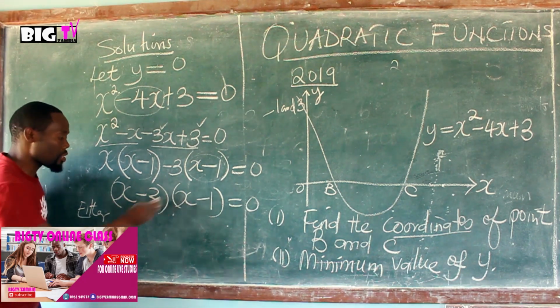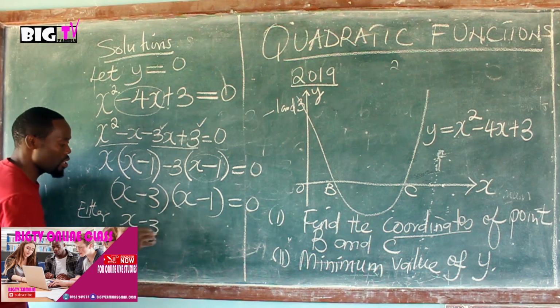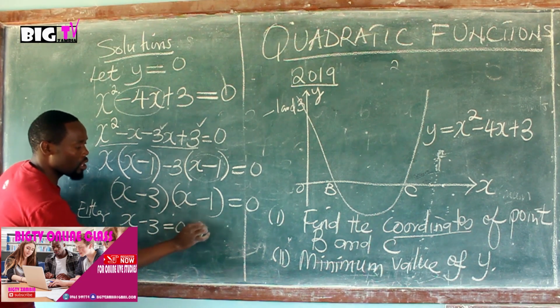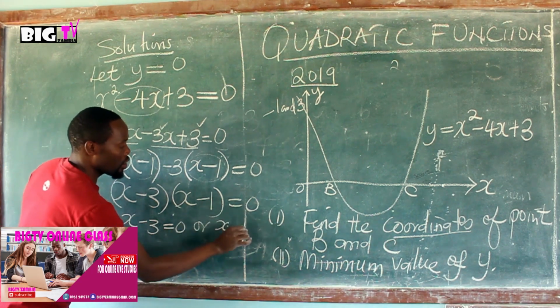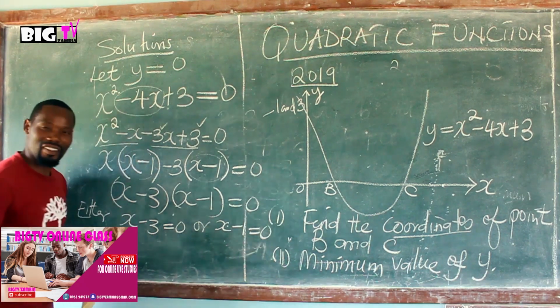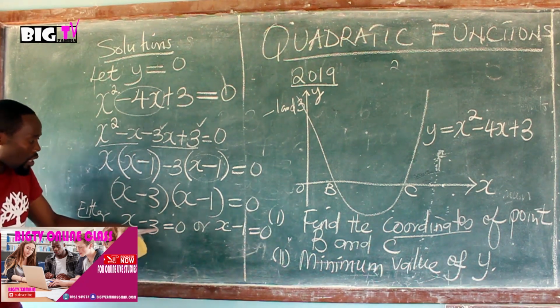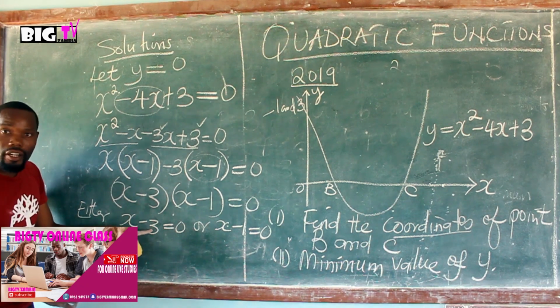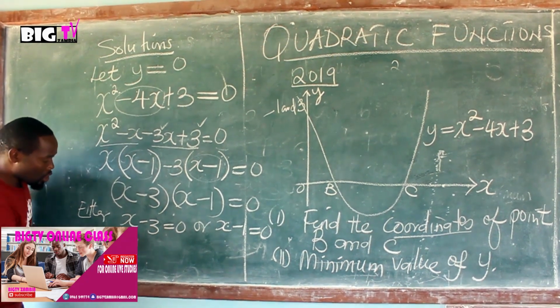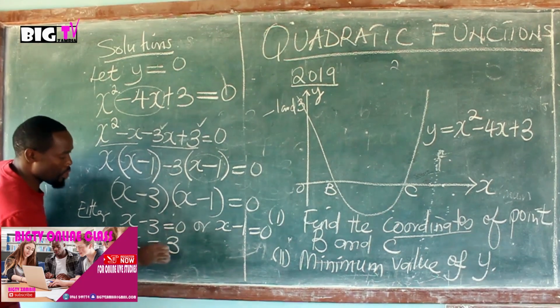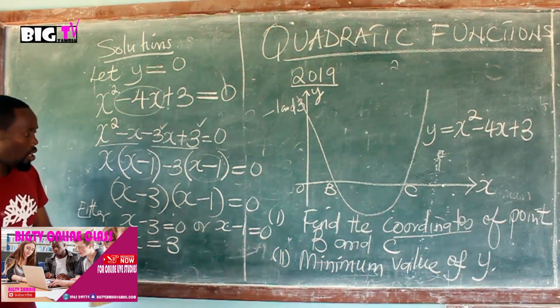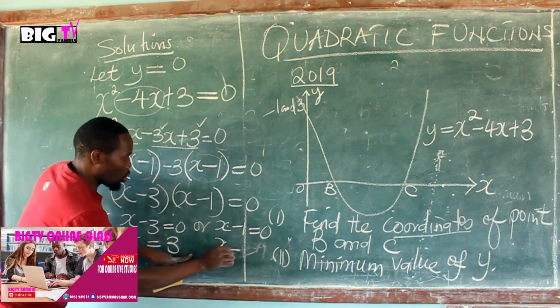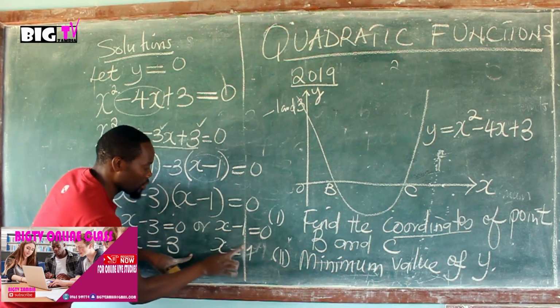One of these must be 0. So we say x minus 3 is equal to 0, or x minus 1 is equal to 0. Then x is equal to positive 3, and x is equal to positive 1.